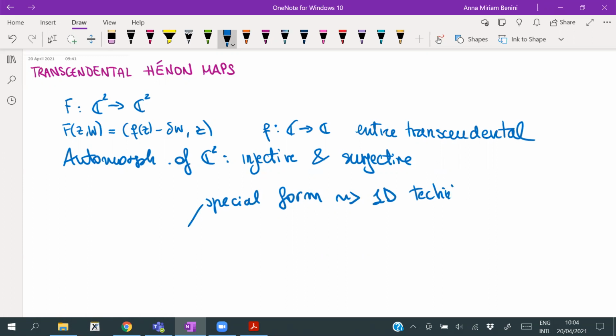And second, the fact that it's an automorphism allows you to use the techniques from R2 diffeomorphisms, which some of you may know, some of you may not, but there are a lot of results about existence of stable and unstable manifolds. There are many results which work for diffeomorphisms of R2, and you can use several of these results for your maps from C2 to C2.